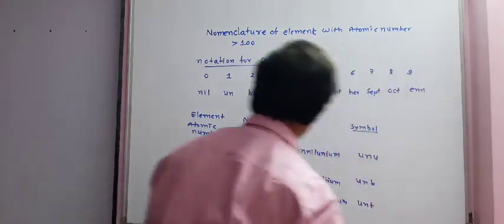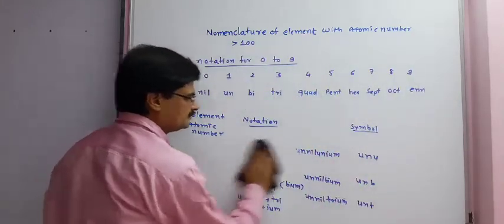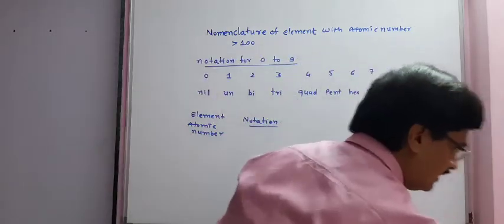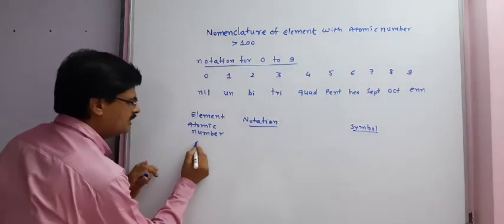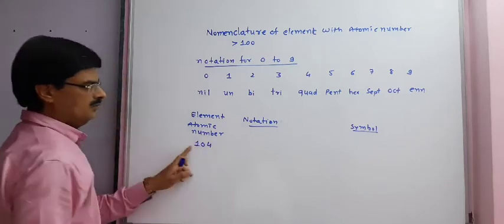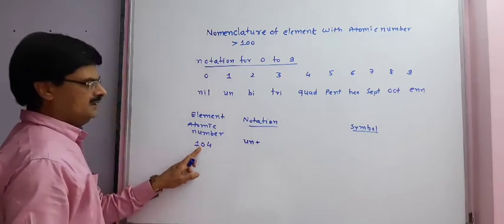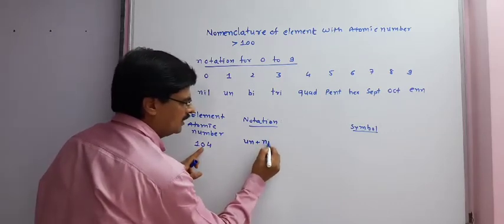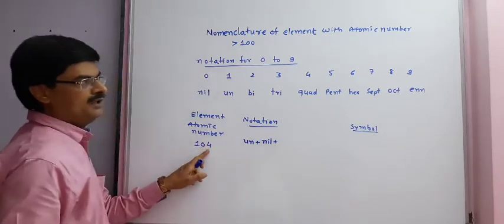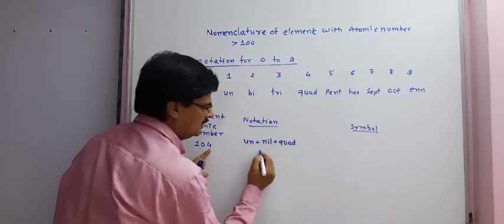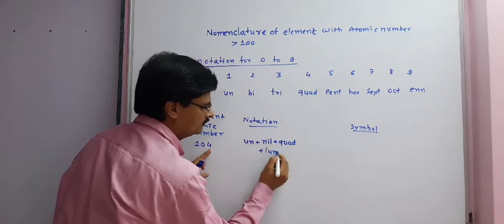Now we understand the next element, 104. 1 that is un, 0 nil, plus 4 we have to use quad plus ium.